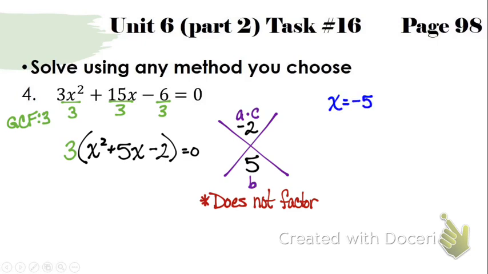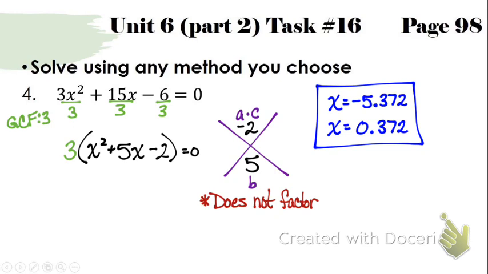So x equals negative 5.372. X is equal to positive 0.372. And we got to that using a Desmos graph.